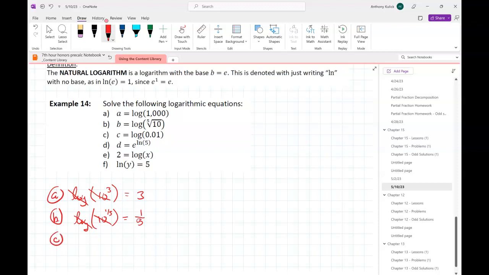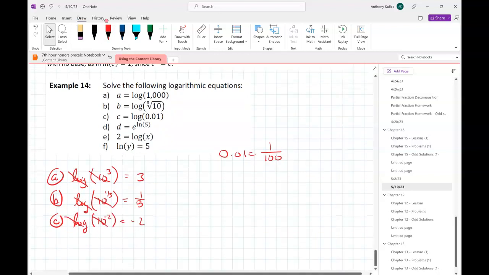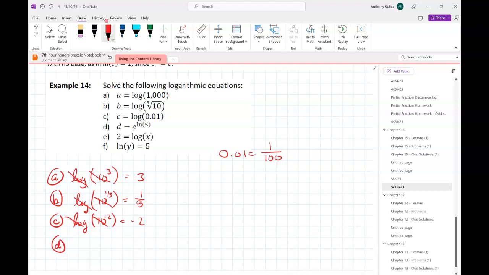How about C? Keep in mind, 0.01 is 1/100. -2. Yes, very good. How about D? What's that going to be? 5.